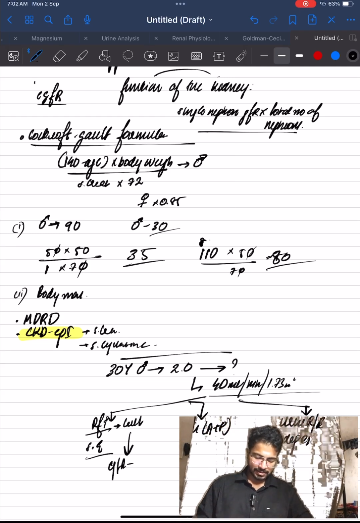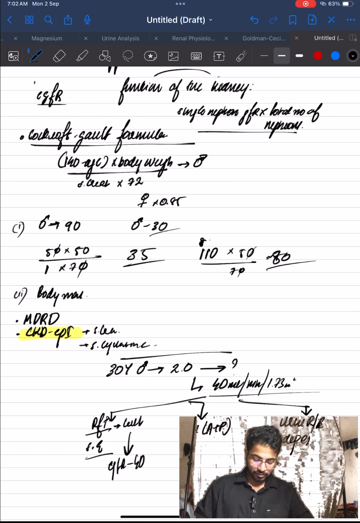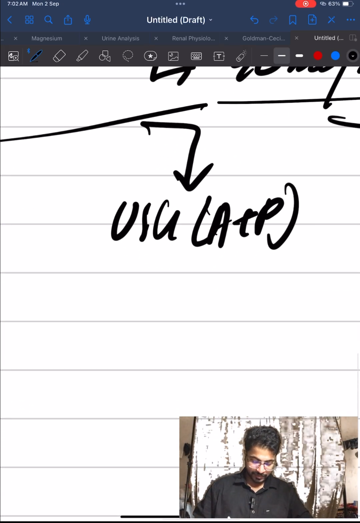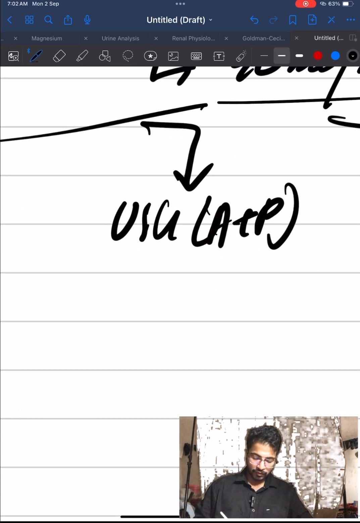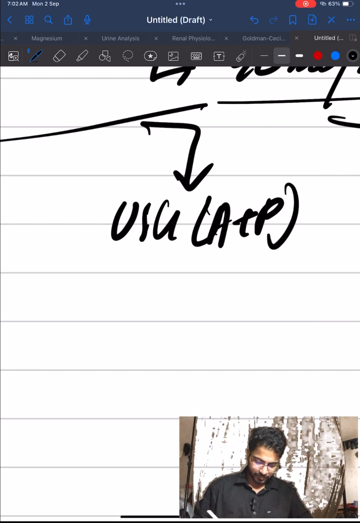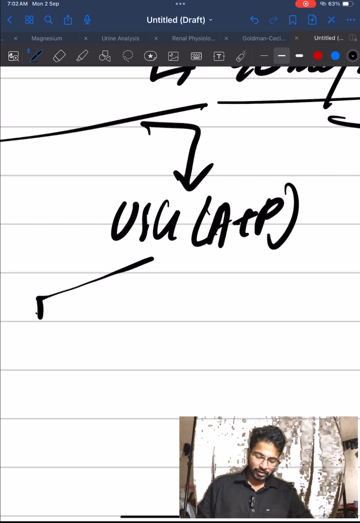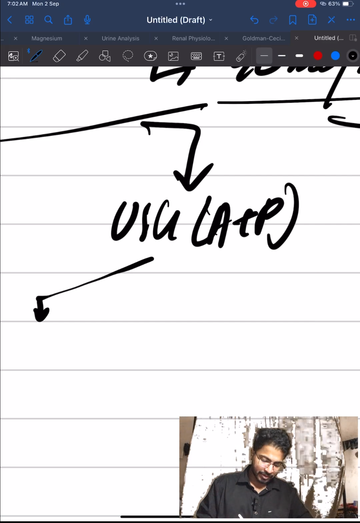Having looked at the RFT value with a creatinine of 2, we calculated the GFR, which is about 40. How will we approach this patient? Ultrasound abdomen plus pelvis.